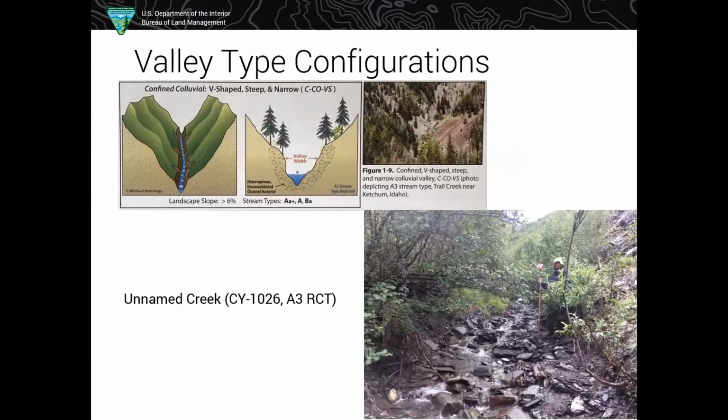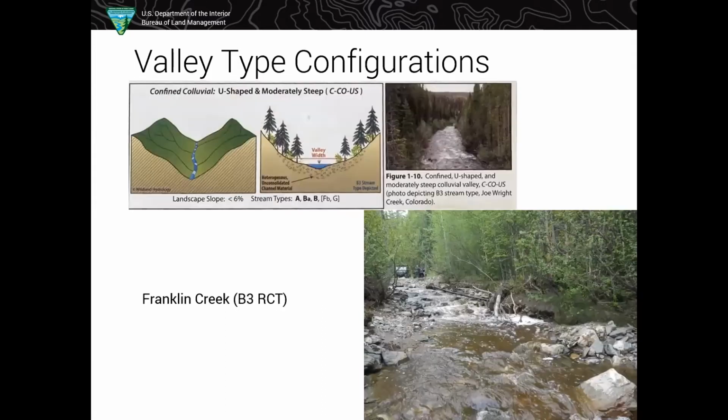Confined V-shaped colluvial valleys are also common, like in mountain headwater systems, like this one in the Brooks Range. You look into headwater systems, these really confined V-shaped valleys are very common. Likewise, confined U-shaped valleys also are common in these mountain headwater systems, and this is an image of Franklin Creek in the 40 Mile.